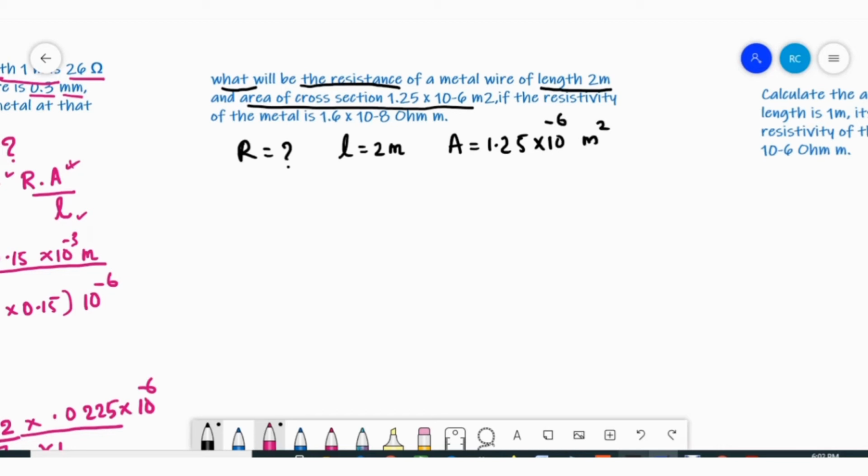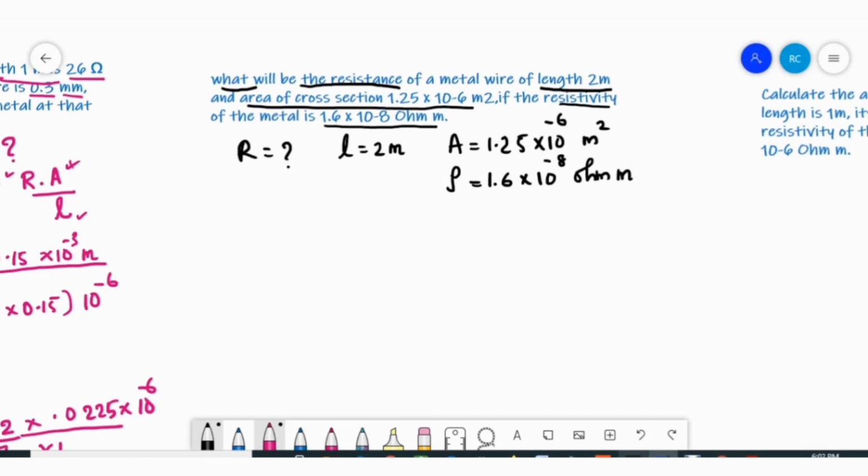If the resistivity of the metal is 1.6 into 10 to the power of minus 8 ohm meter. So resistivity rho is equal to 1.6 into 10 to the power of minus 8 ohm meter. Either you can write the symbol of ohm or you can write in words ohm meter.